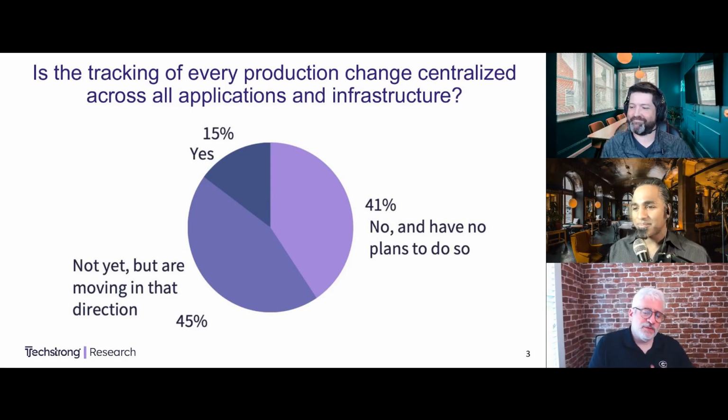Yep. So obviously visibility, tip one, centralizing a lot of your production change data, is certainly another tip that we can throw at folks, and it's pretty important to think about if you want to scale up your environment.